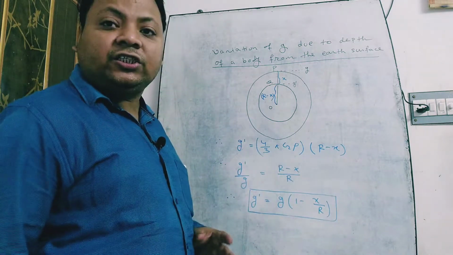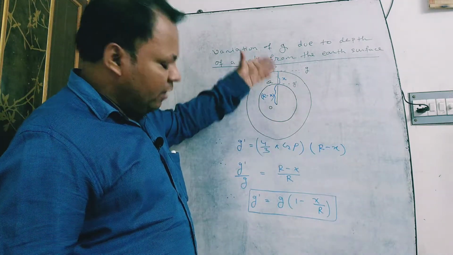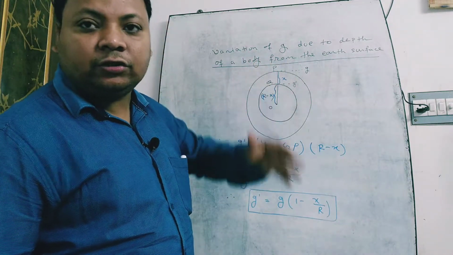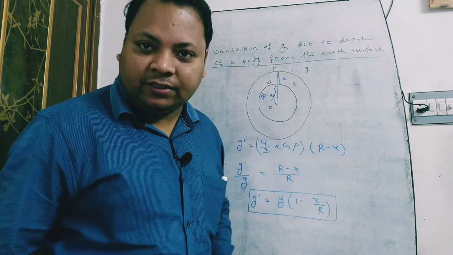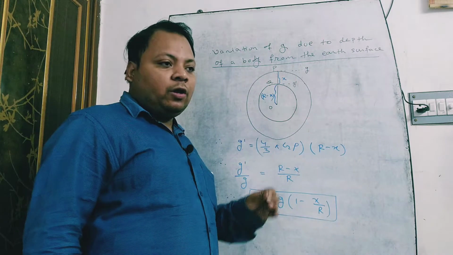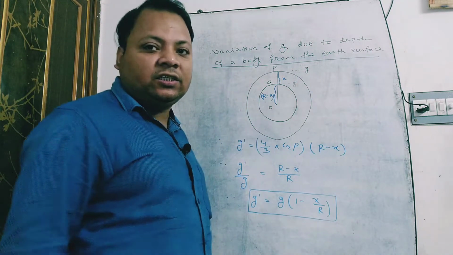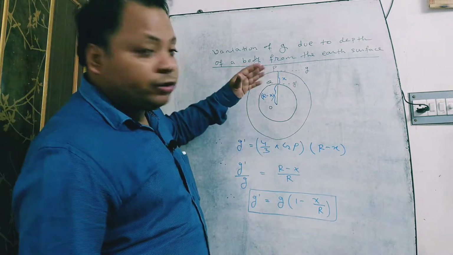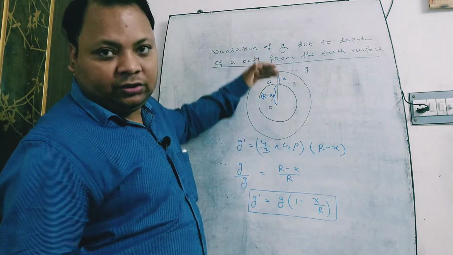From this relation, we can easily say that the value of small g, that is acceleration due to gravity, decreases when the depth increases. Therefore, from the above two relations, we can easily say that the acceleration due to gravity is maximum on the surface of the Earth.